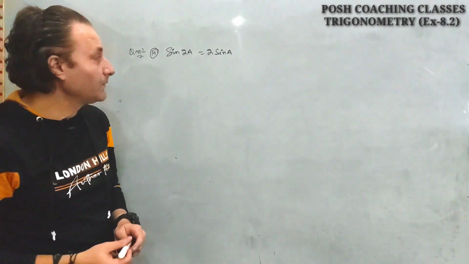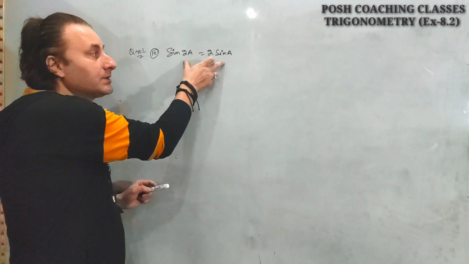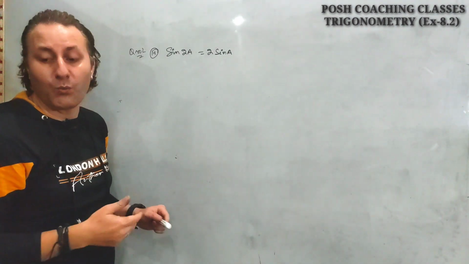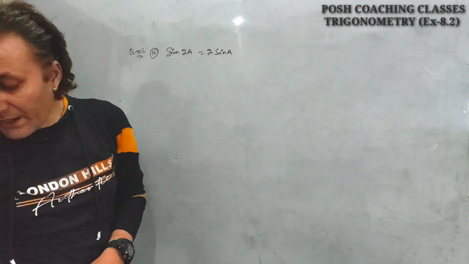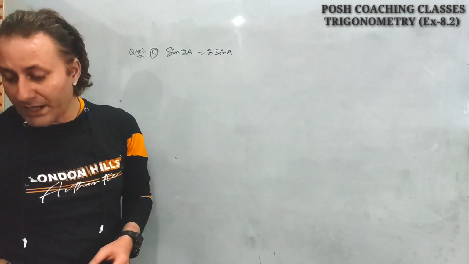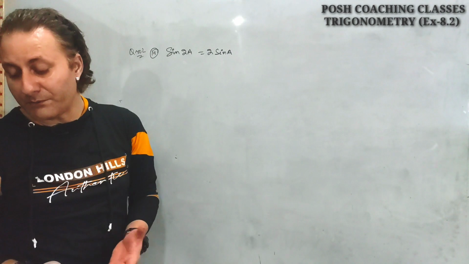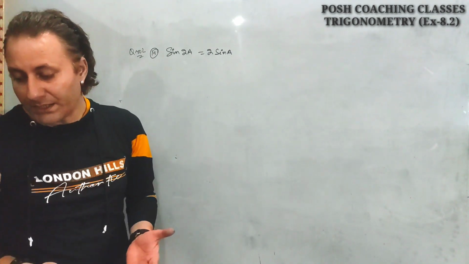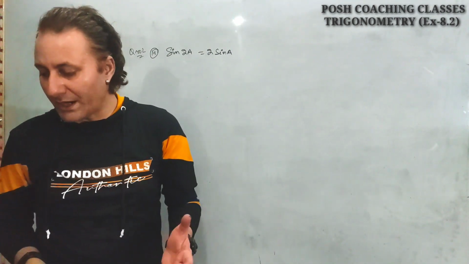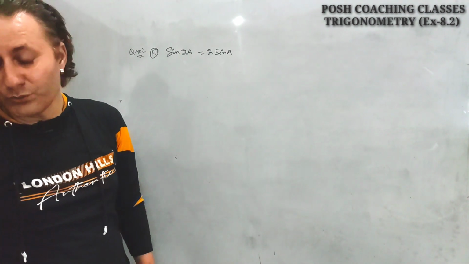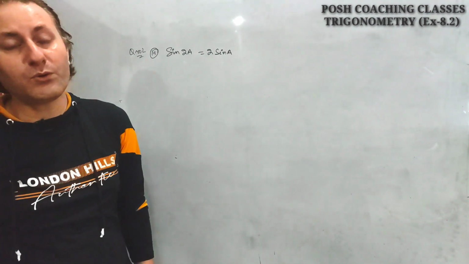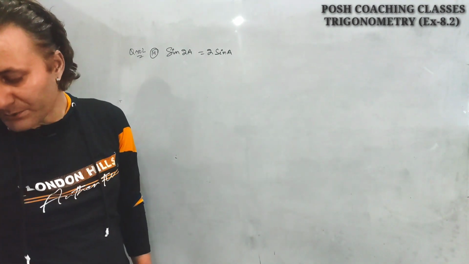It says this condition will be true when the value of a should be maybe 0, maybe 30, maybe 45 or 60. Now let's get into the table. If you guys have the table in front of you, you can see sine 0 is 0. So we do have an option here, A.